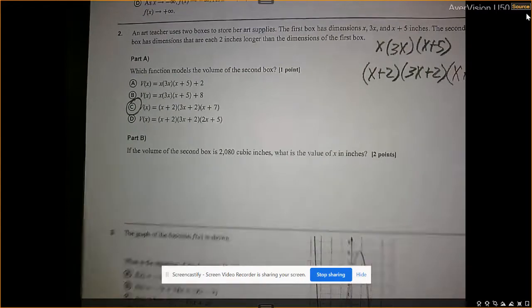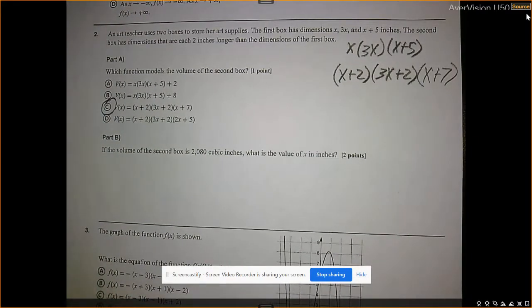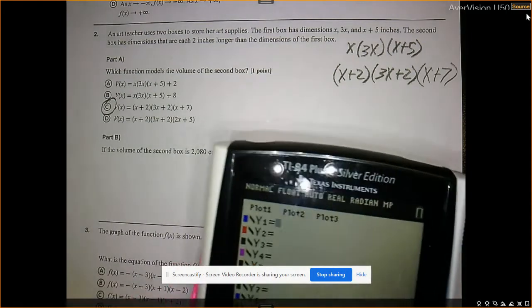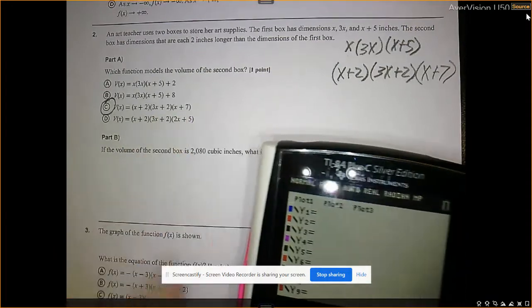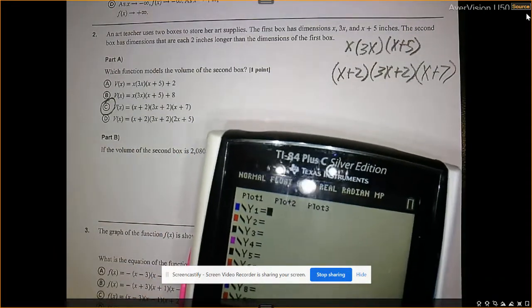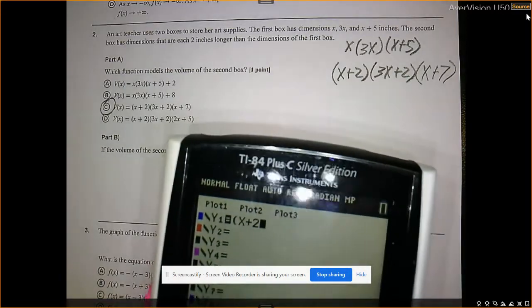Maybe I'll zoom out a little bit there so I don't have to keep sliding the paper. Now, this question is an interesting one. I'll show you on the graphing calculator since I used Desmos for the last one, but you can do this on Desmos also. I'm entering x plus 2, 3x plus 2, times x plus 7.